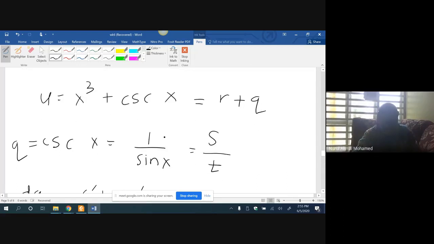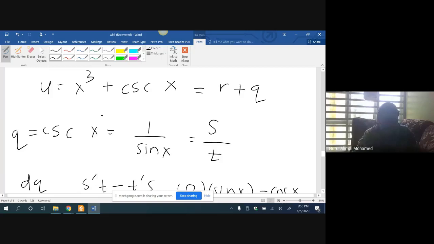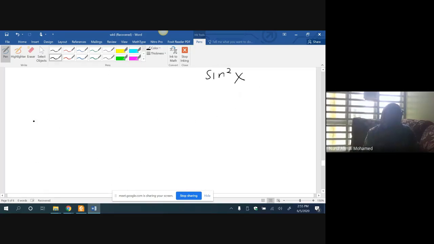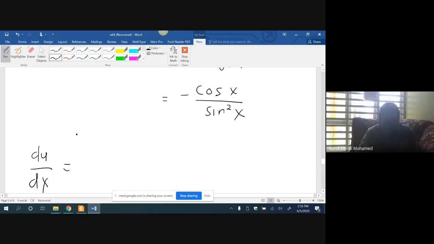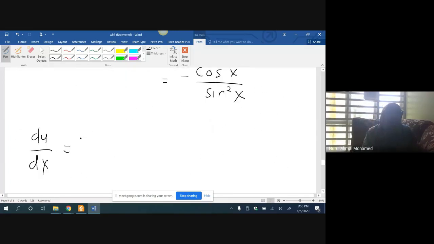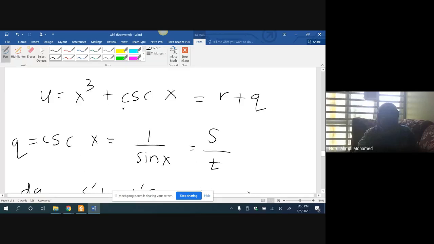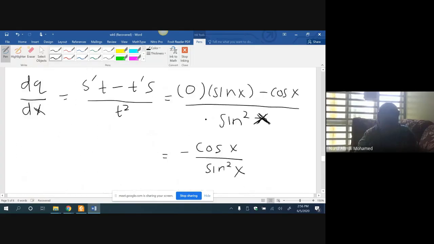We already have the solution for this part here. This one is easy, we can get it from the power rule. So the answer for du dx is equal to 3x squared, plus the derivative of cosecant.